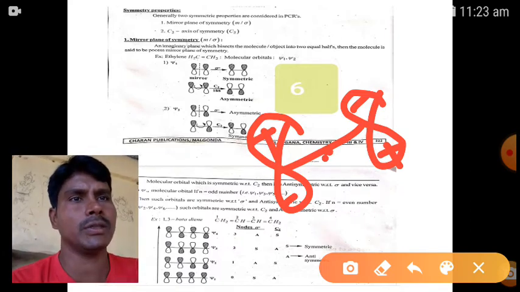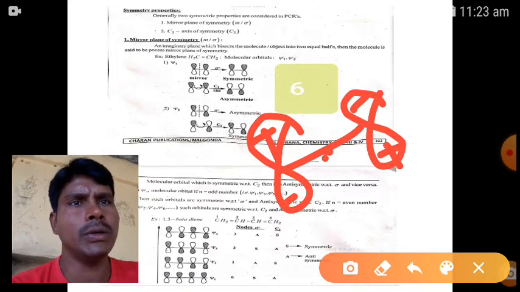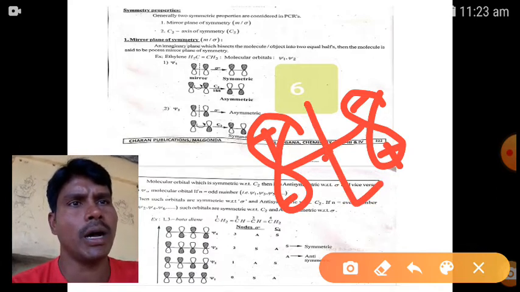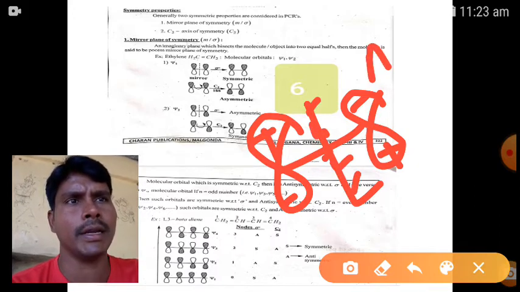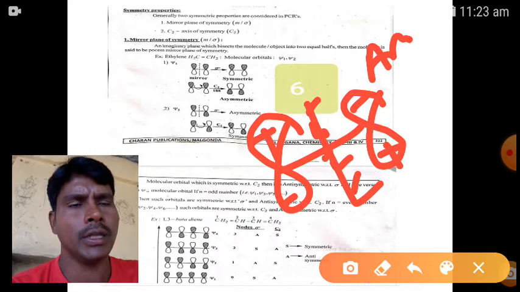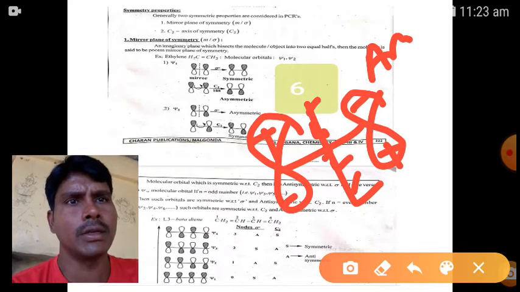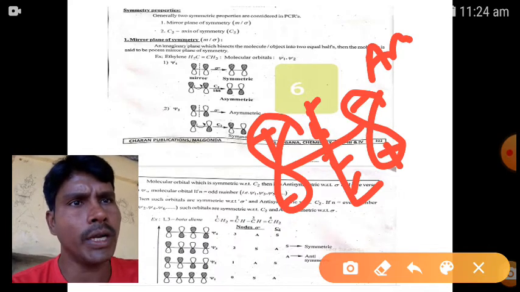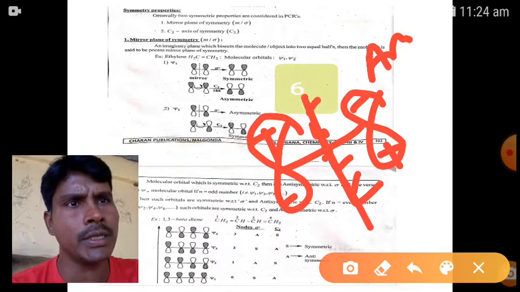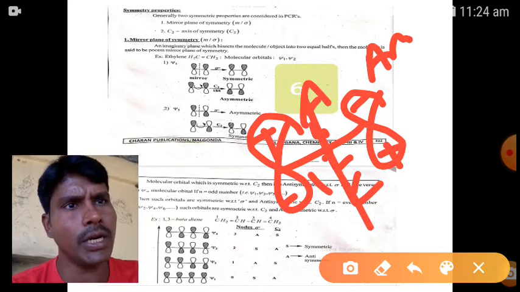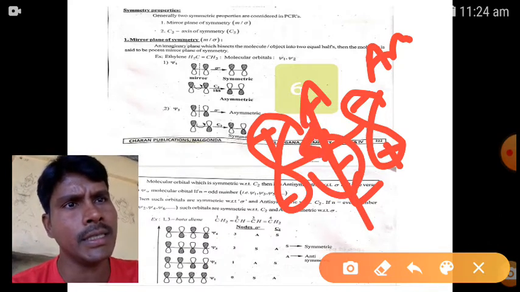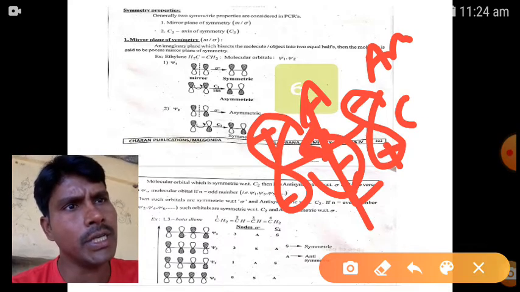So we take this side view, this is the side view diagram. Here there is no sigma. So with respect to sigma, it is anti-symmetric or asymmetric. In the case of C2, we get C2 as an imaginary axis. So rotate 180 degrees around the imaginary axis and we get the starting orbital. That's why C2 is present.